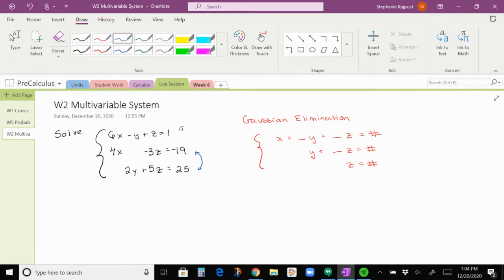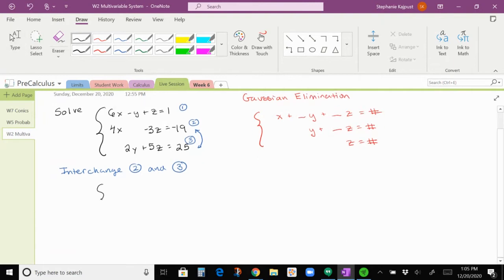So usually what I will do is label my equations like this, 1, 2, and 3, so that when I'm taking notes, I'm referring to them by these numbers and it's a little easier to follow. And what we are doing is just interchanging row 2 and row 3, because the first row is basically in the form. So we're going to interchange 2 and 3. So you're just flip-flopping their position.